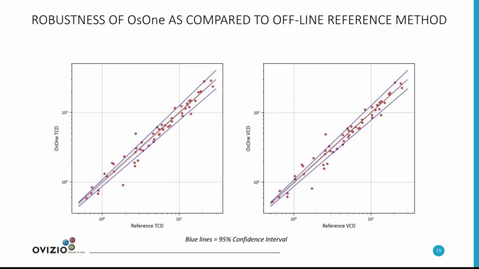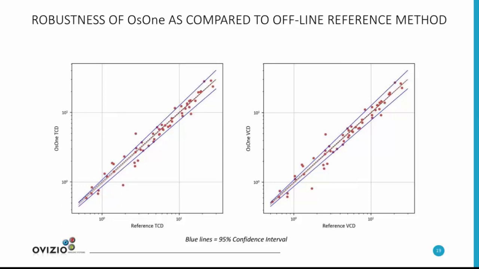If we have a look at the robustness of the OS1 compared to the offline reference method, then we use a bilinear regression. In this case, we add the 95% confidence interval, which are the blue lines. The average is the red line in the middle.